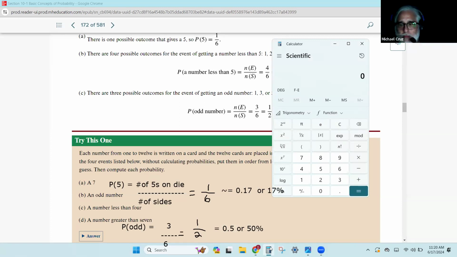Okay. See, 1 divided by 2, that's the 0.5, and then you multiply it by 100 to get your percent.